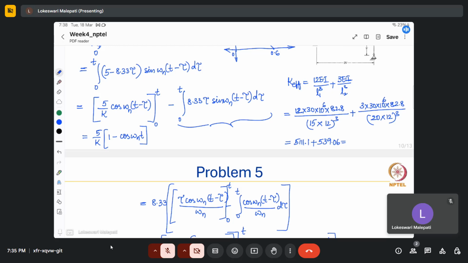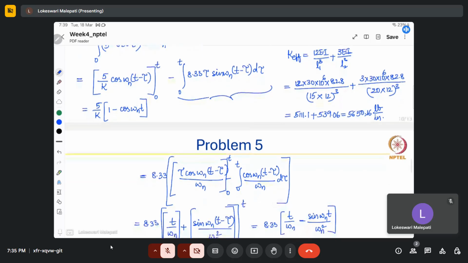So the total effective stiffness is 5650.16 pounds per inch.